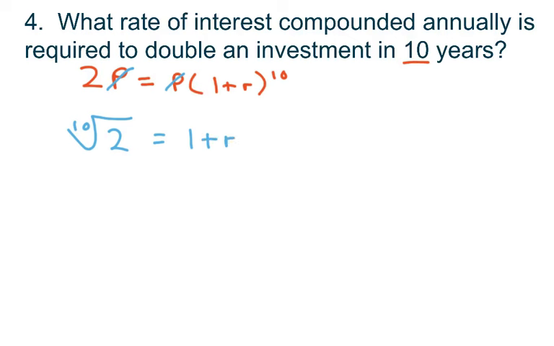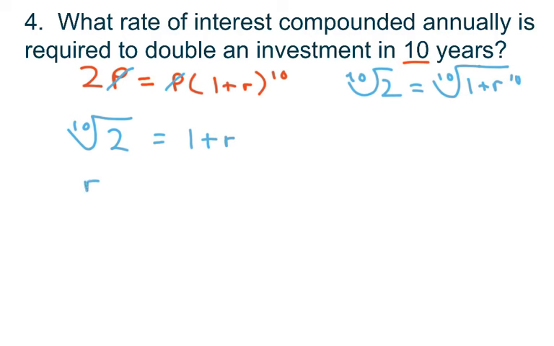And basically all I'm doing is this. So that just cancels this out. So then we get r, and we subtract the 1.